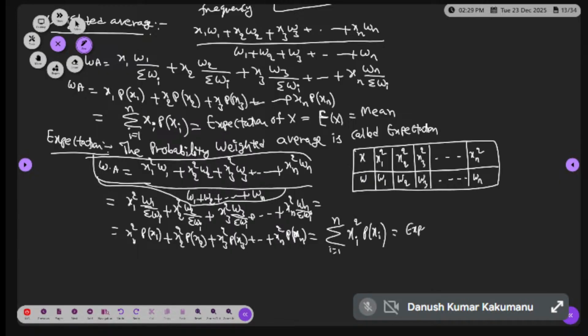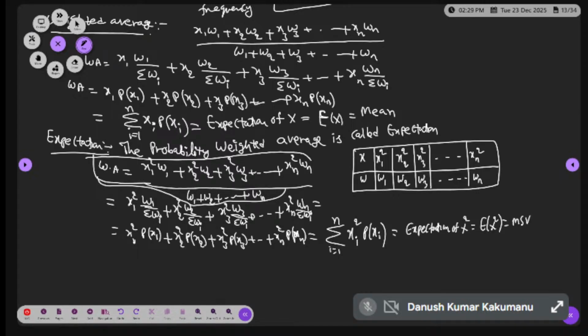Expectation of x square, E of x square. What is this E of x square called? Mean square value.